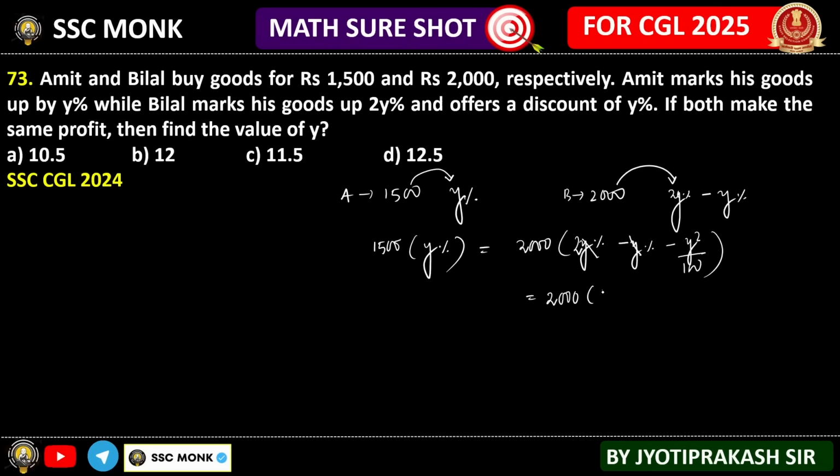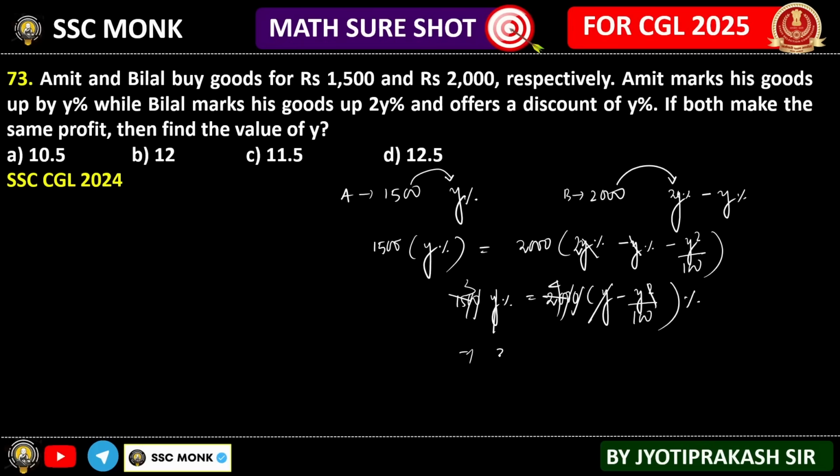My bad. So this will be y minus y square by 100%. Clear? Yes or no? Yes. So 1,500 y% is equal to 2000 into y minus y square by 200%, y gone. So I can write, and 00 gone. So 5 3s are 15, 5 4s are 20.